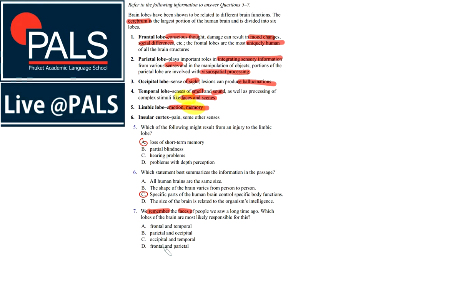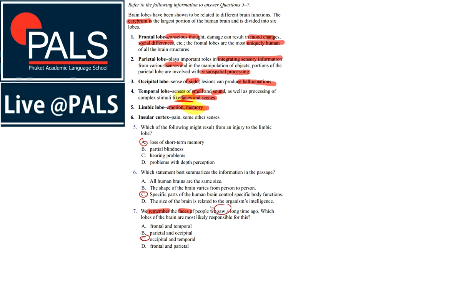So I would go for probably C here, since temporal absolutely processing of complex stimuli like faces, so processing takes place in the temporal lobe.